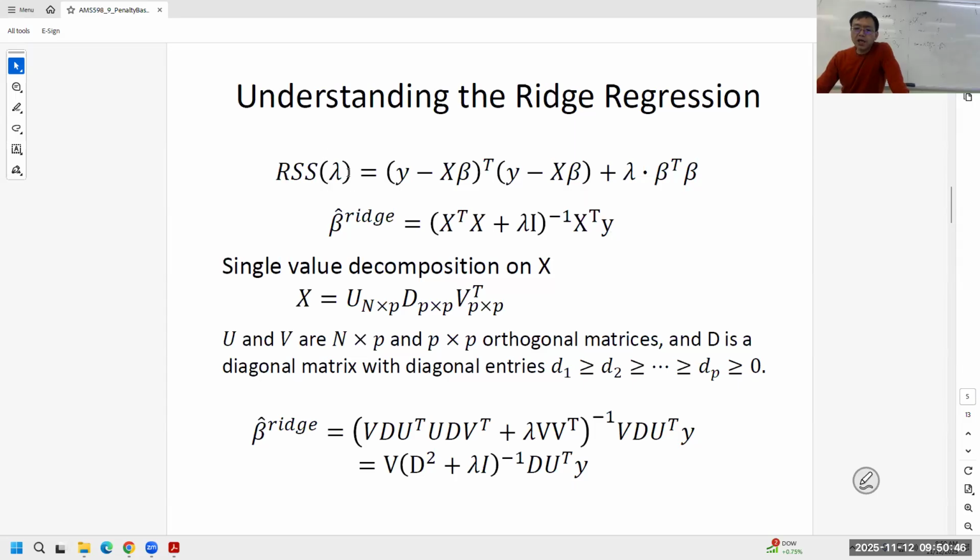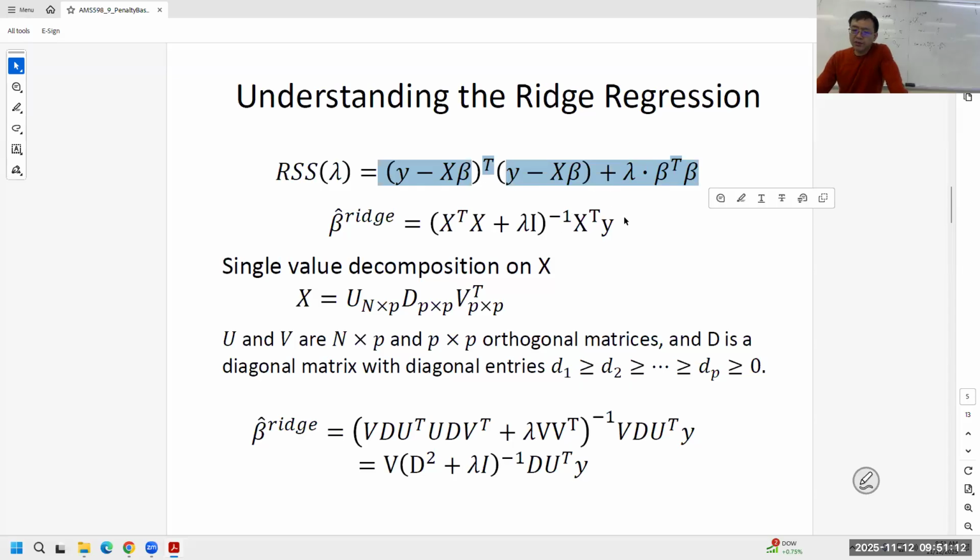Given a lambda, which is called the penalty parameter, it controls how much penalty you want to impose on your target function. So given a chosen lambda, this is our target function that I want to minimize. You can do the derivative by yourself; I'm not going to go through it.